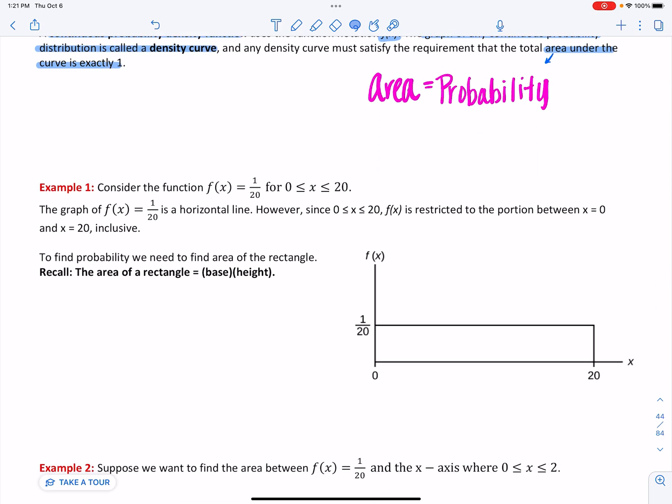So here's our first example. We are going to consider the function f of x equals 1 over 20 for 0 less than or equal to x less than or equal to 20. There's a few things we need to unpack in here first.